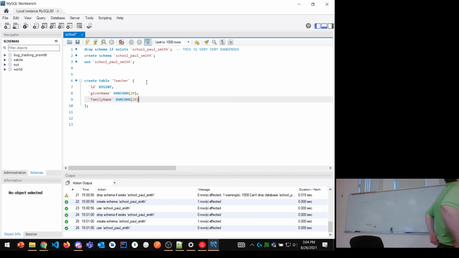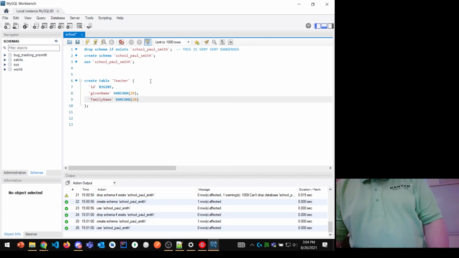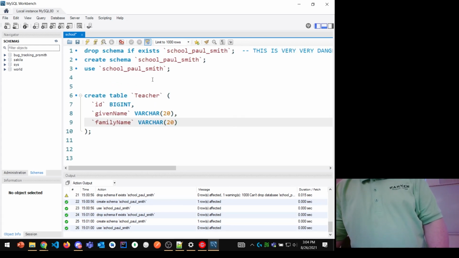Okay? That gives me a teacher table. It's worth noting that that teacher table doesn't have any primary key if I create it like this. And another thing that's worth noting is that it allows all of those fields to be null. Okay? This does not put any sort of constraints on there that would prevent it from being null. Does that help? I see people squinting.